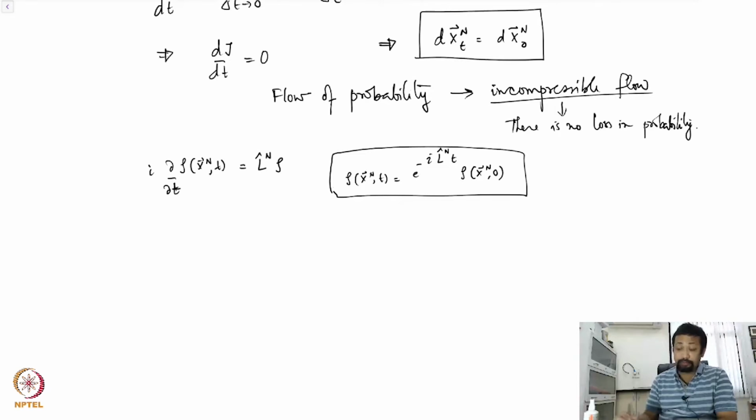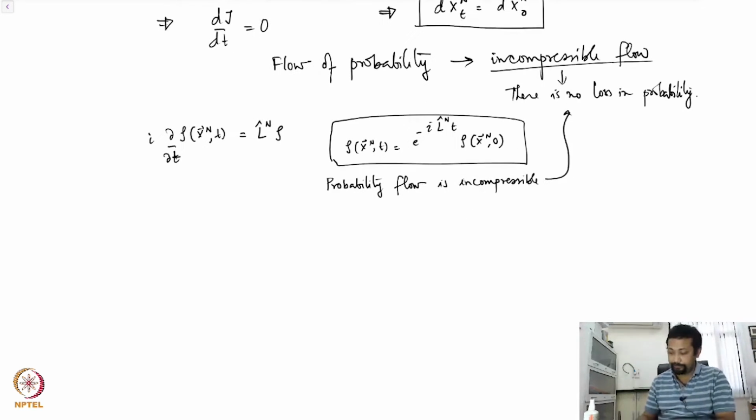Further, we established a little while ago that the probability flow is incompressible, which essentially means that there is no loss in probability, right?